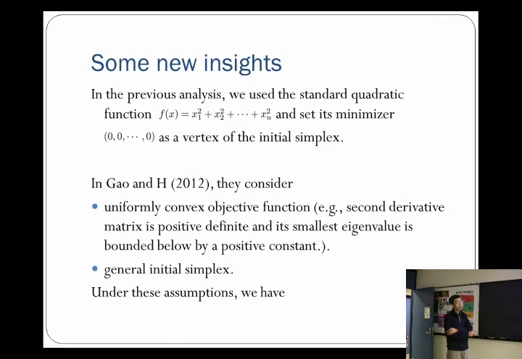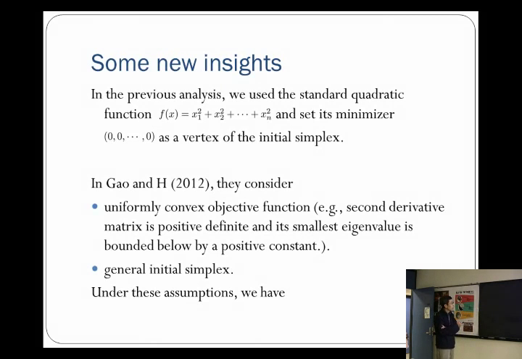That's very special. And also remember, we use its minimizer as one of the initial vertices. In general, if you are given a function, the problem here is to find one of its minimizers. So unlikely you keep it as one of the vertices, right? As the initial simplex.